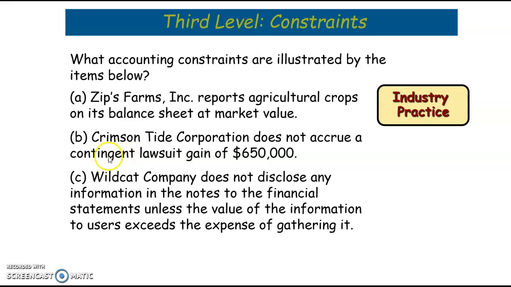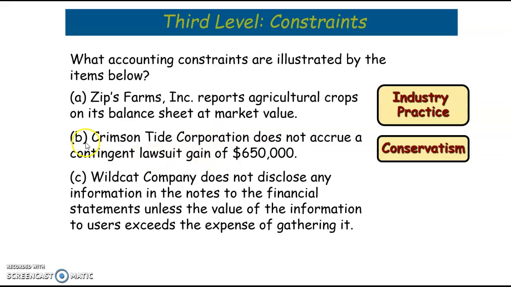So contingent means that it might happen. So they're in a lawsuit. They think they're going to win the lawsuit and that they're going to get $650,000, but it hasn't happened yet. We haven't got it, so we're not going to put that on the financial statements.